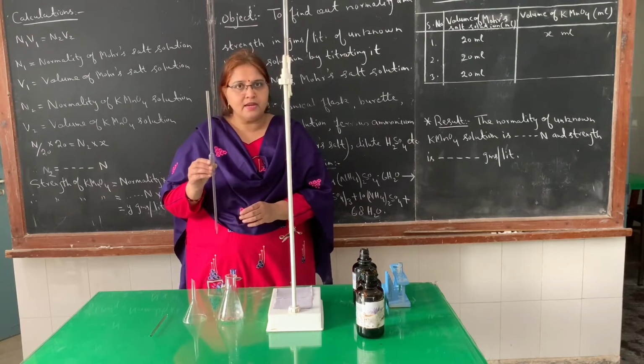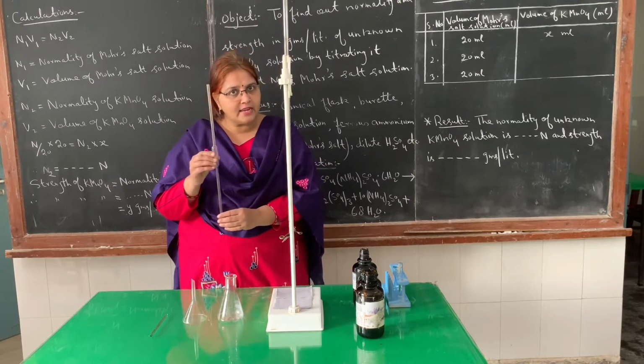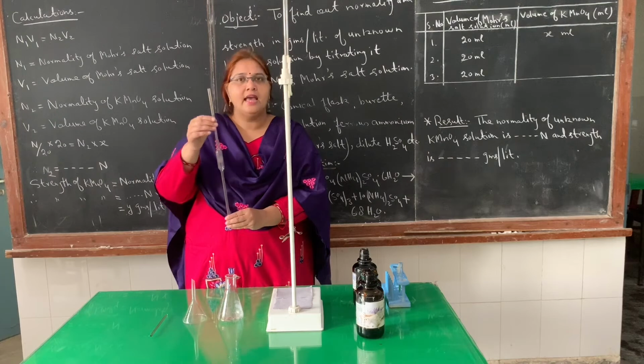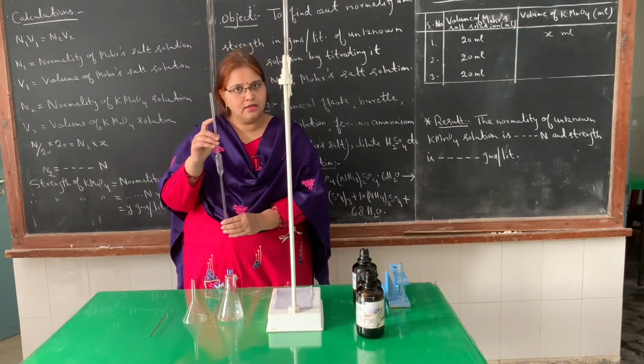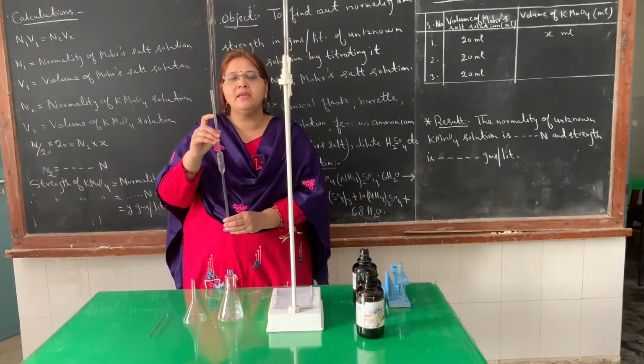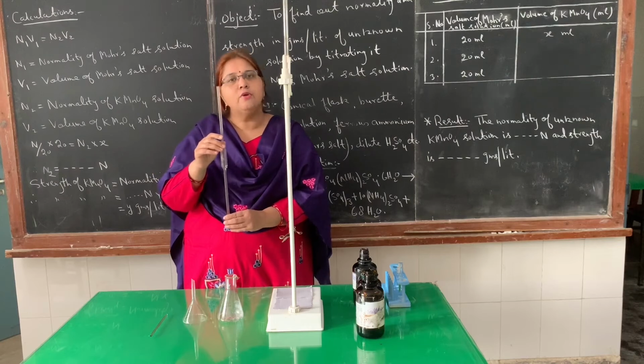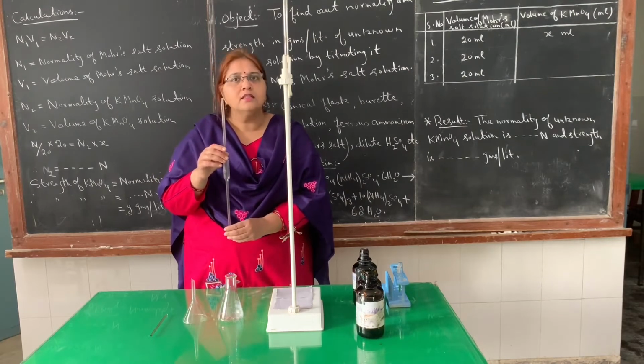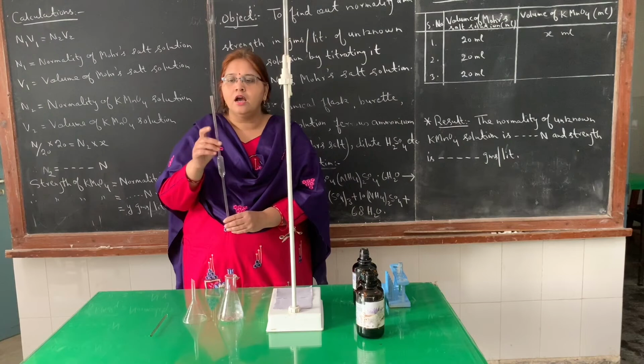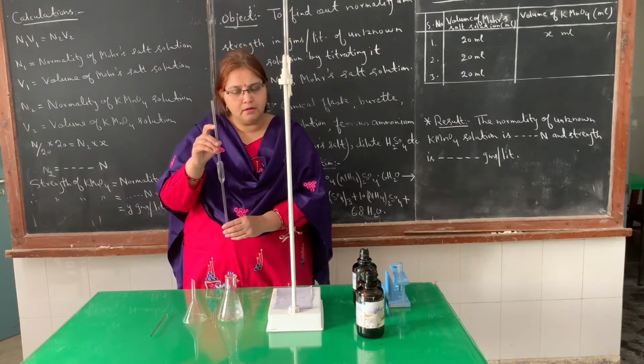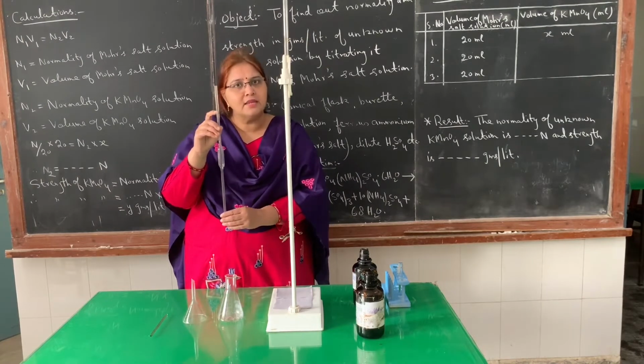In this pipette, one thing you have to make very clear is that each pipette has a meniscus mark. The mark could be at any length. You have to pipette out the Mohr's salt solution up to the mark, that is, up to the meniscus mark in your pipette.